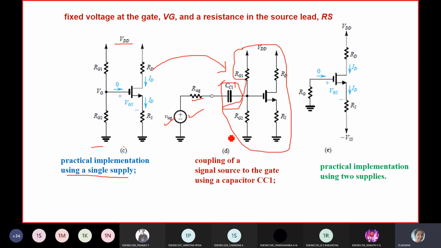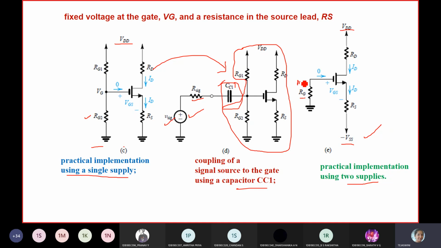Okay, so that is about this circuit. And coming to figure E, it is a practical implementation of two supply. So here the first circuit we have single supply. If you have two supplies, VDD and minus VSS, we are going to prefer this circuit, and you are going to connect RG.